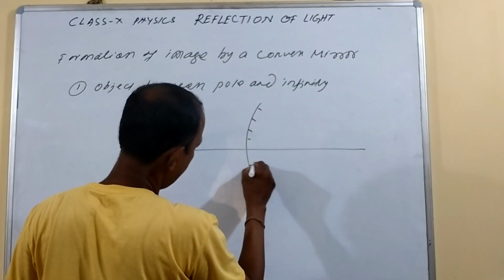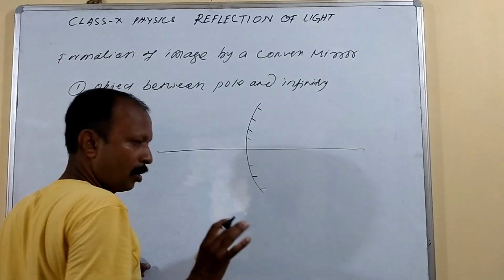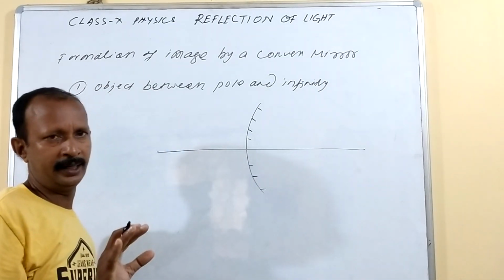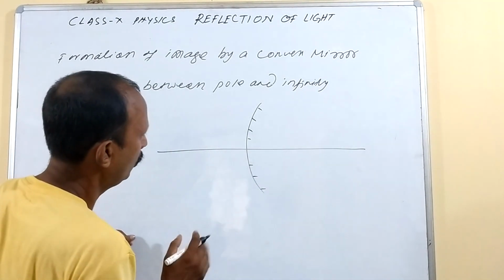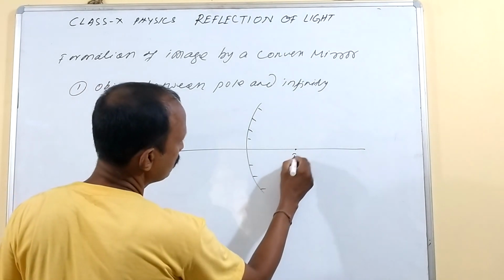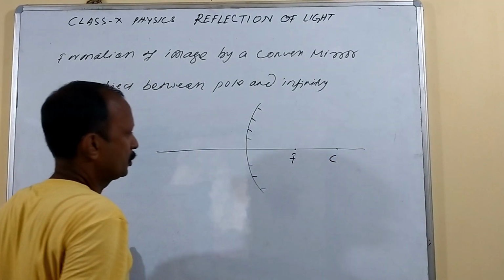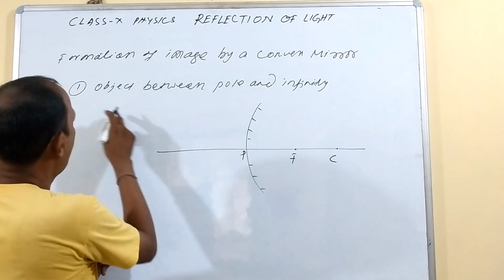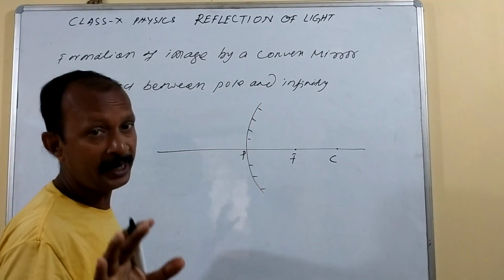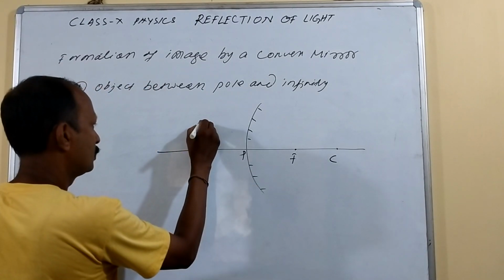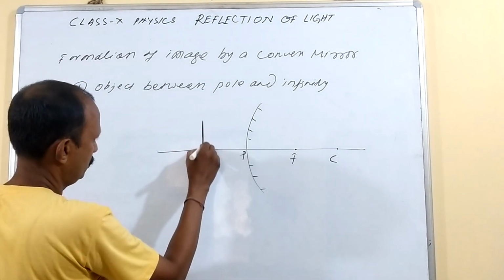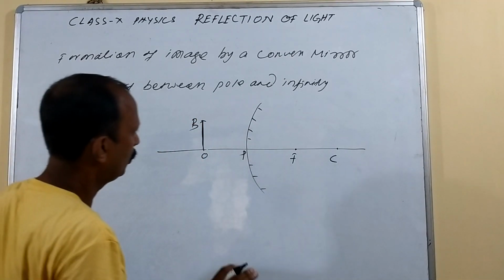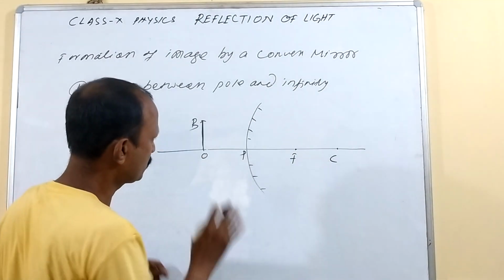Generally we draw the object on the left side. So this is the focus. This is the center of curvature. This is the pole of the mirror. So object between pole and infinity. See that. This is the object, OB is the object.